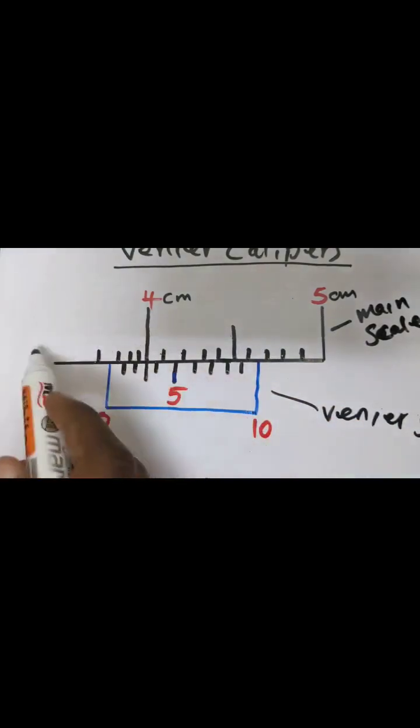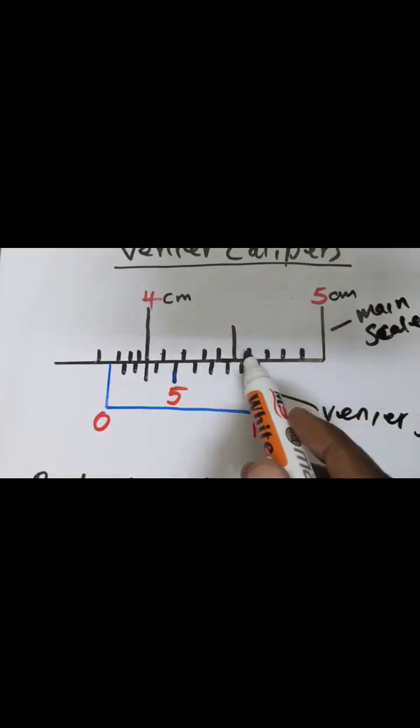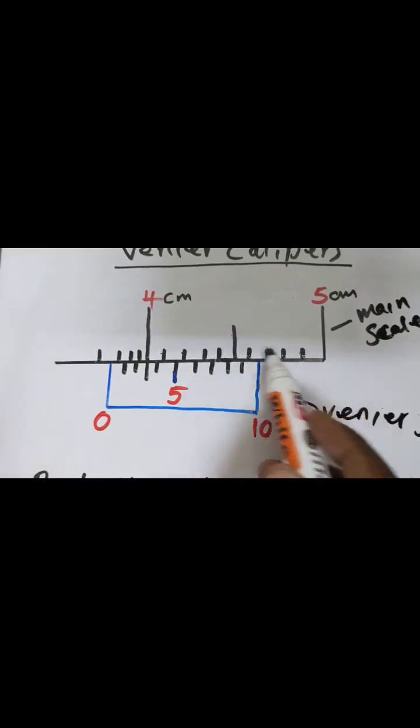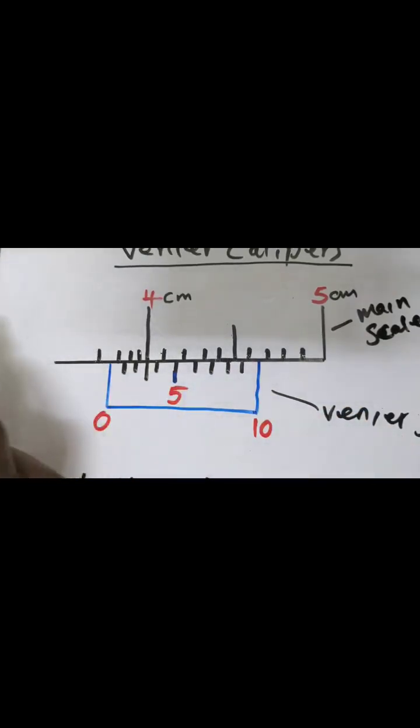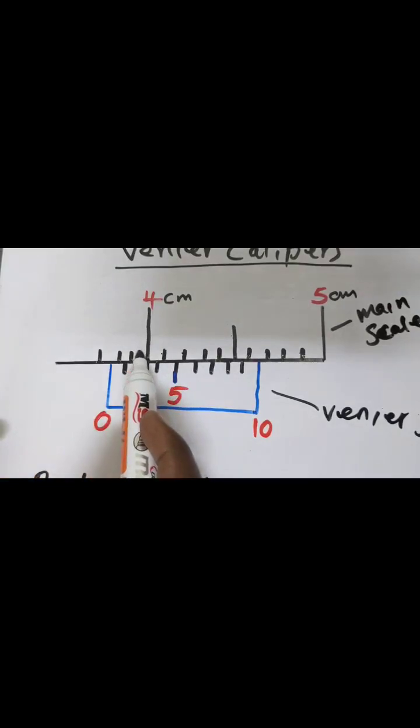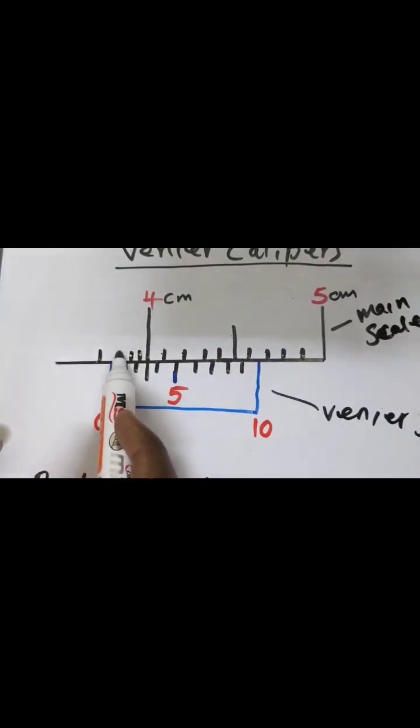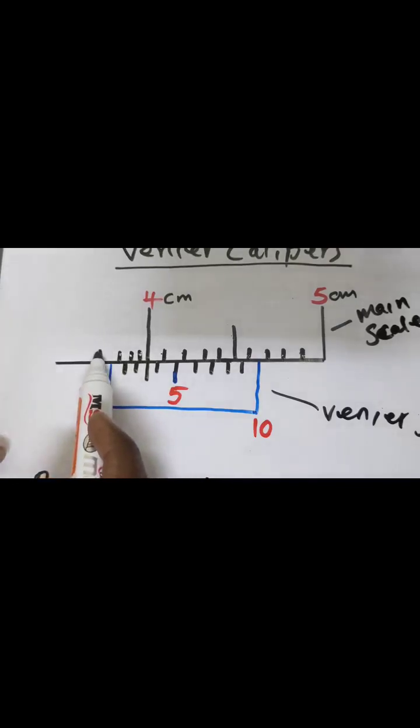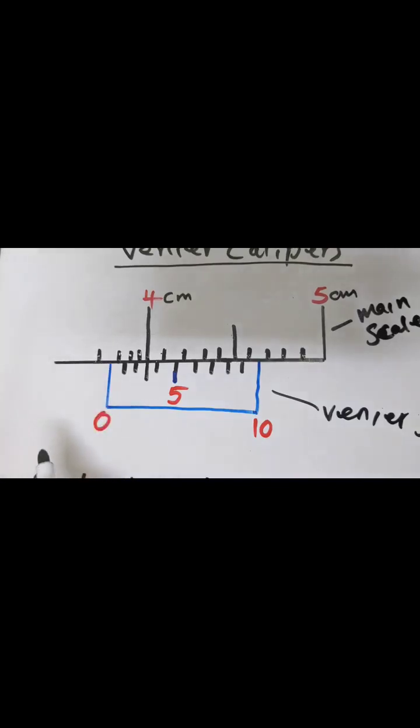Okay, so going back, if this is 4, then this is 4.1, and this is 4.5, 4.6, 4.7, 4.8, 4.9. Even this one, there is a 3 on this side, so there is 3 something here, which means this is 3.9, 3.8, 3.7, 3.6, 3.5.